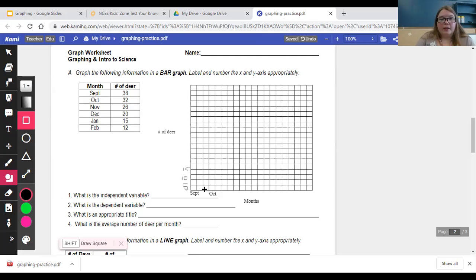So September, we had 38. So I'm left clicking and I'm dragging, and I can drag up, see, 15, 20, 25, 30, 35, 40 would be about up here. So 38 would be close to there. Okay, so this is how you can draw your bar graph in here.